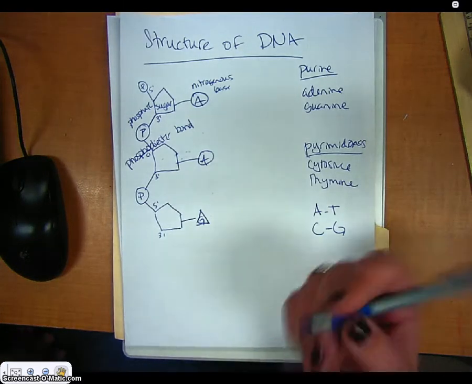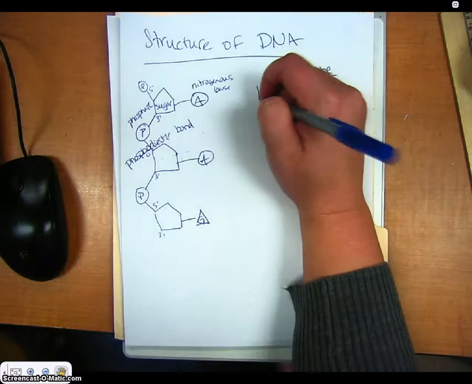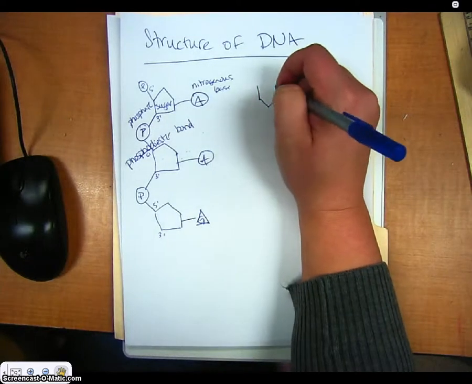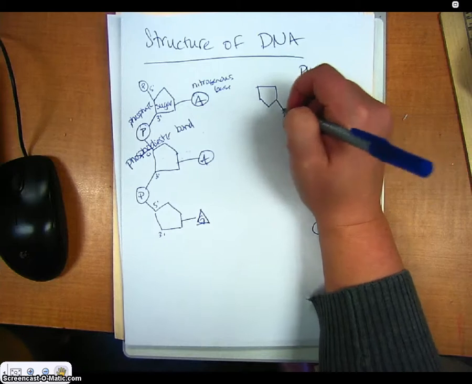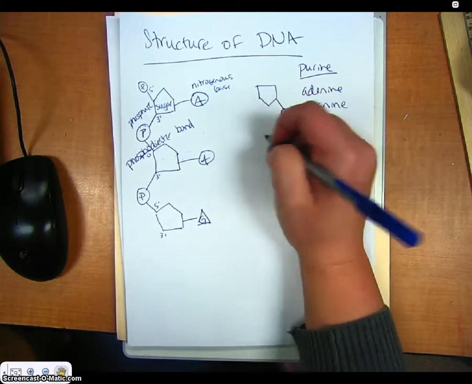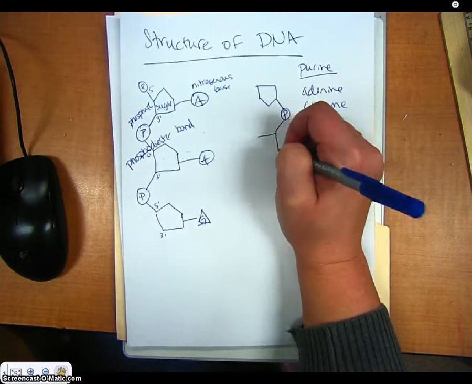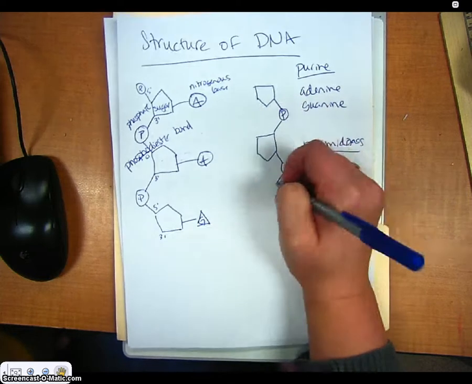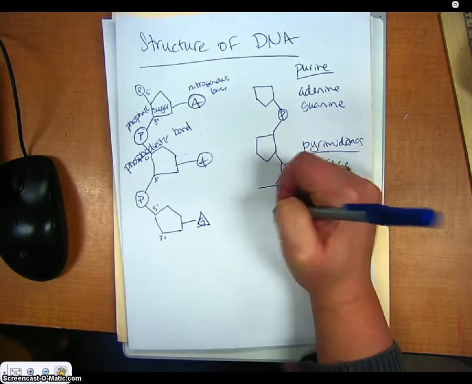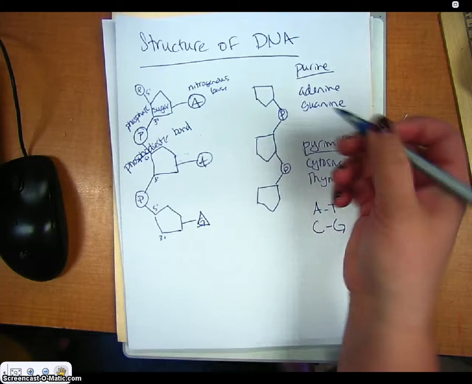Now if I were going to draw the other side of the DNA, I'll draw the little houses upside down just so that you can see the difference clearly. You're going to have, again, this sequence of sugar and phosphate making up the backbone of the DNA, but we're going to see the directionality is different.